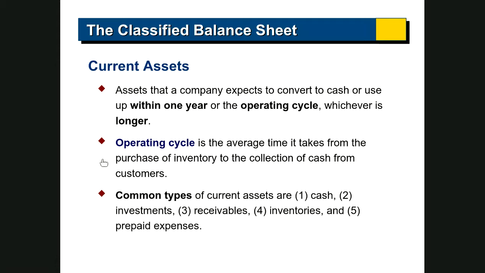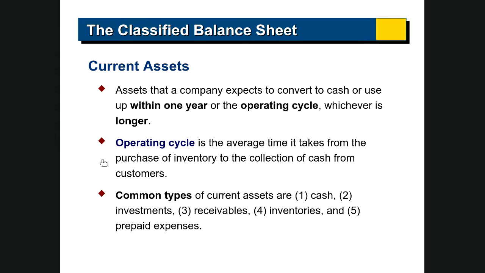But in certain cases, it is possible that the company can hold certain assets and it would take more than 1 year to sell. For example, large items, let's say shipbuilders or companies such as that, they would make and build a ship.